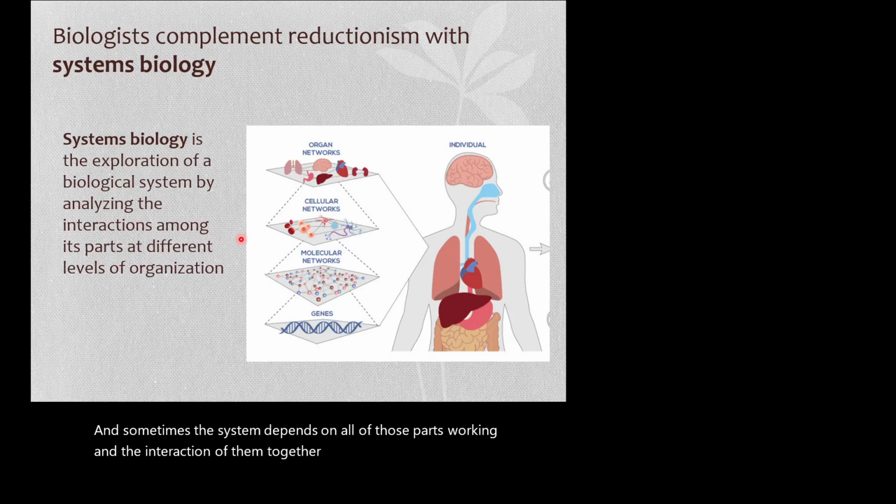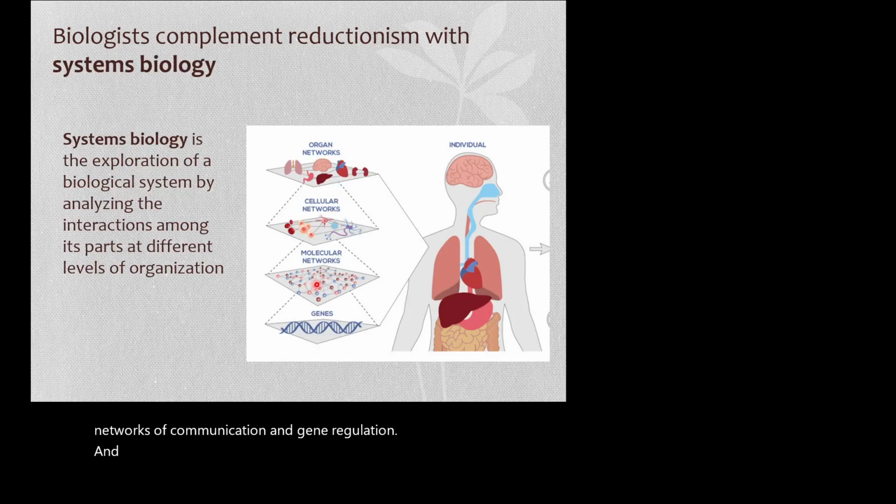So, for example, here we have the human body, a system. And the things that happen within the human body are controlled by genes, the DNA code. Those genes encode for molecules like proteins that form these networks of communication and gene regulation.